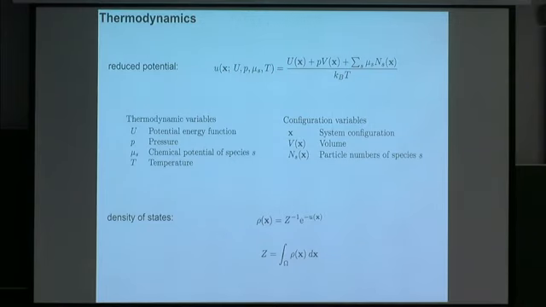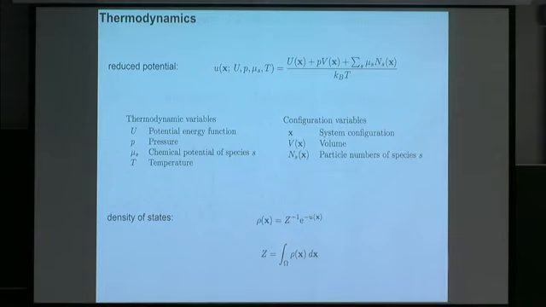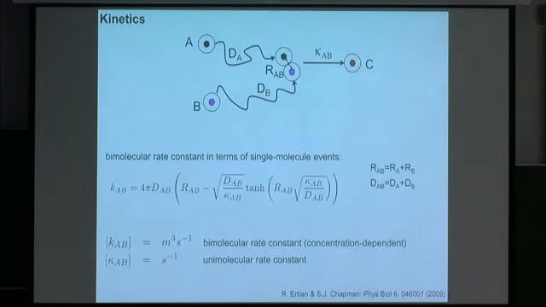So first of all, since we have a potential, at this point we can write this reduced potential, and then depending on the thermodynamic ensemble that we want to simulate in, we expect a certain density of states. That's nice because that gives us some thermodynamic reference that allows us to check if the implementation of the simulation is correct.